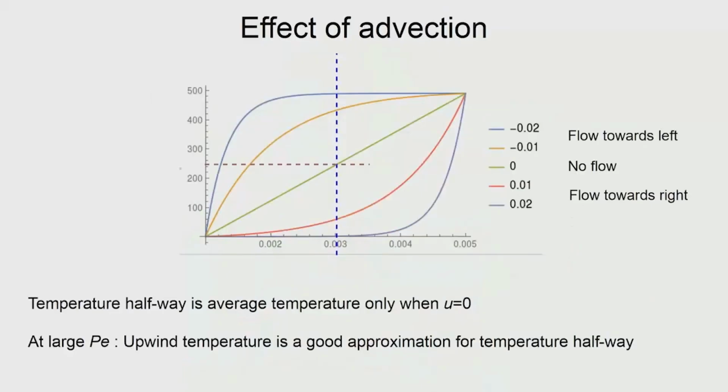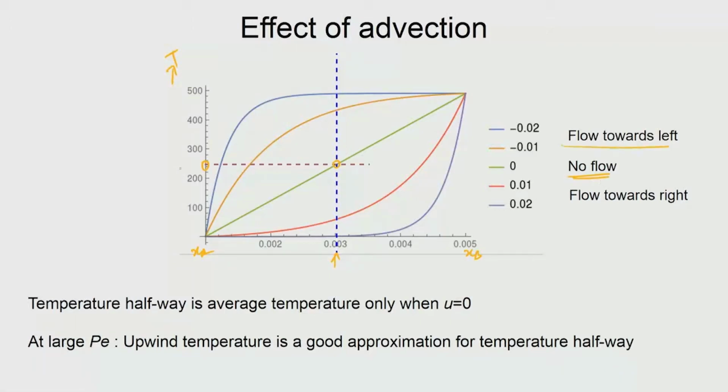Now, just look at this profile a bit carefully. Midway between the two walls, x A and x B, if you go up, then where we cross over, that will be the average temperature between the two walls, and this is only true when there is no flow.